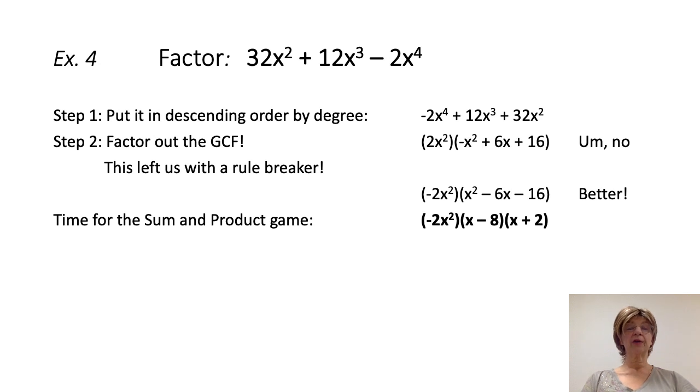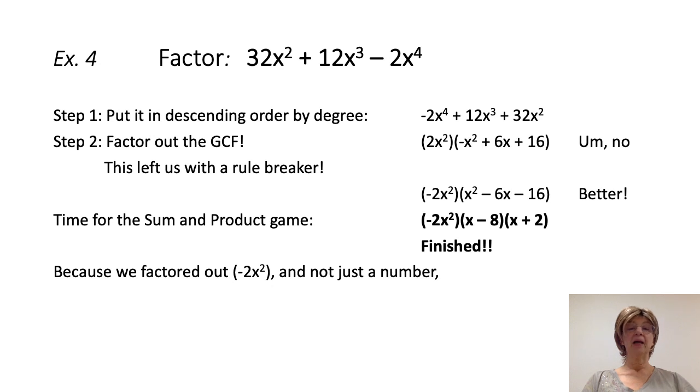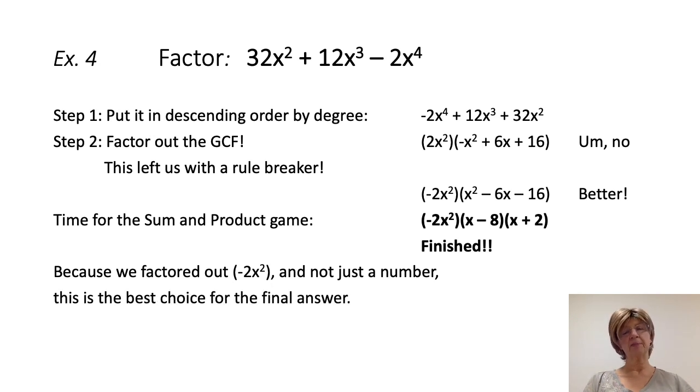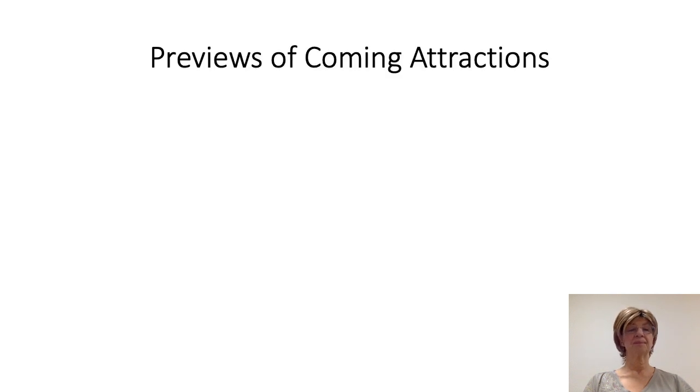Our other 2 factors are minus 8 and plus 2. So we have x minus 8 and x plus 2. Finished. And in this case, because we factored out minus 2x squared and not just a constant or not just a number, this is the best choice for the final answer.